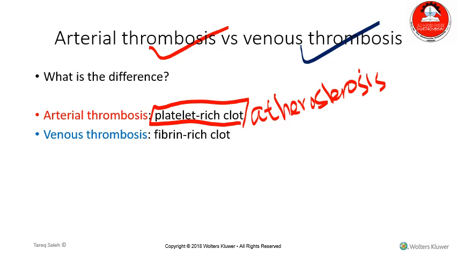On the other hand, venous thrombosis is triggered by either blood stasis or the inappropriate activation of the coagulation pathway.